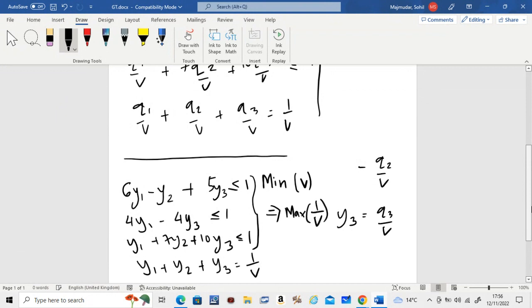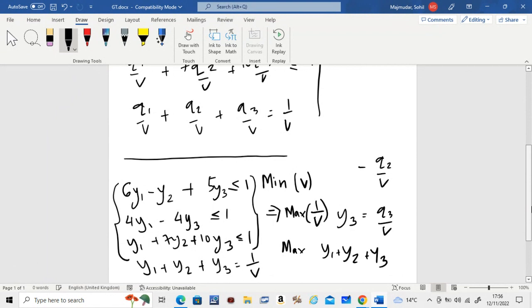So just make a note of this. Minimizing something makes it maximizing the reciprocal of it. So your problem becomes like this. Maximize 1 over v, which is y1 plus y2 plus y3. So maximize this function. Maximize y1 plus y2 plus y3. And these three are your constraints.